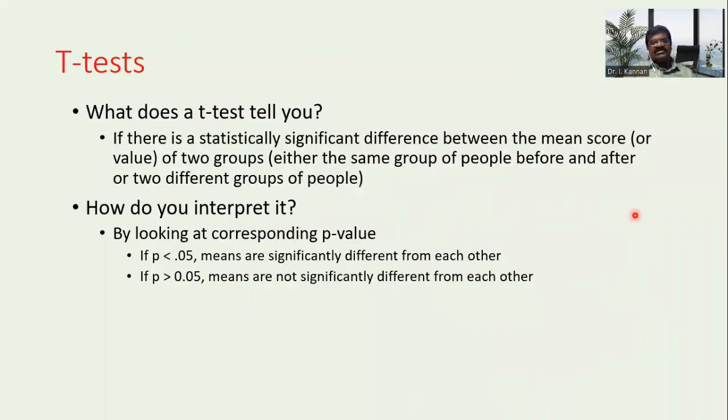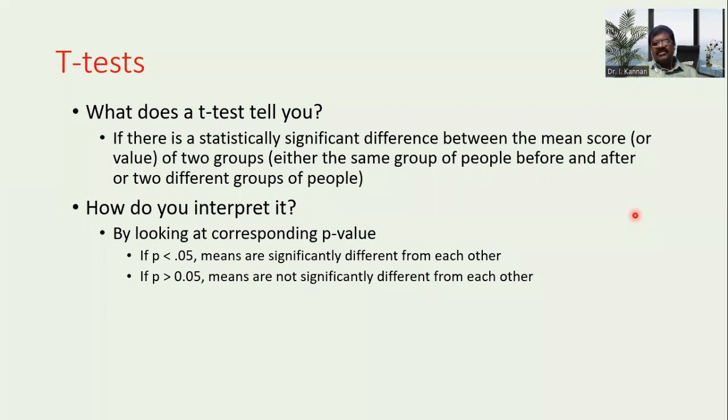Okay, so let us see in detail what all these tests are. Now let us start with the t-test. This t-test will tell you whether the mean difference between the two groups, or two comparison groups, is statistically significant or not.